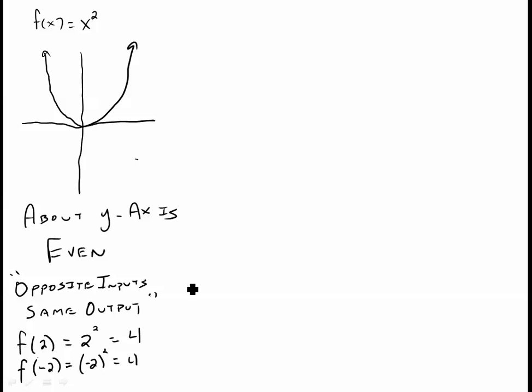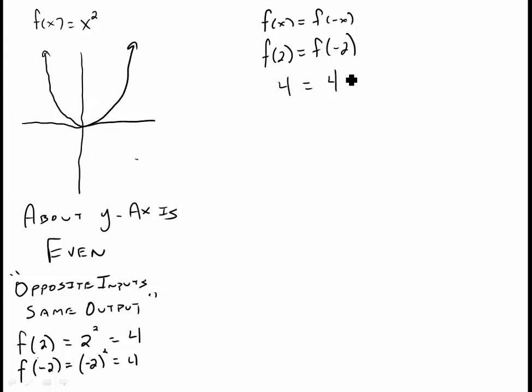And this can be generalized a little bit, where we could say that f of x equals f of negative x, or in our previous case, f of 2 is equal to f of negative 2, because both cases give you 4.